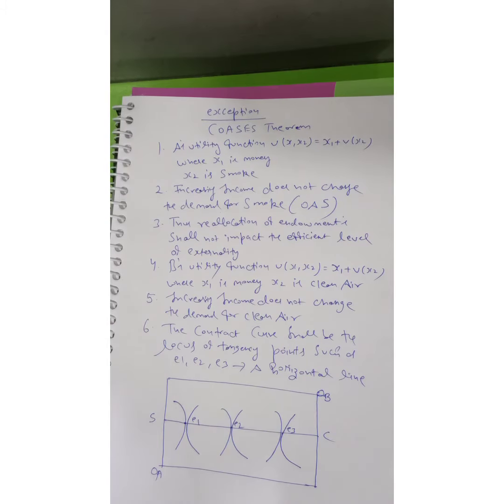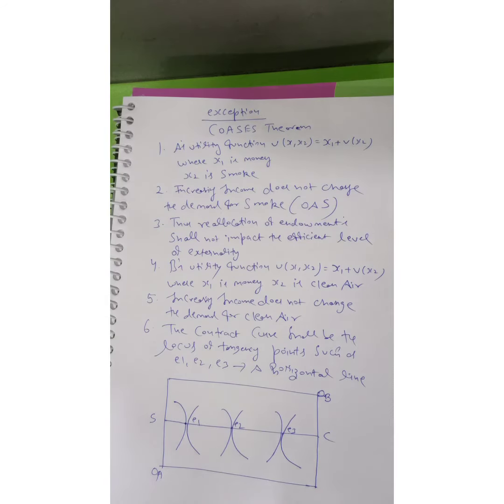A quasi-linear preference is such that up to a level, as your income increases, the demand for that good also increases. But after a certain level, income change does not affect the demand of the good in any way whatsoever. And that is what I have tried to write in point number 2.